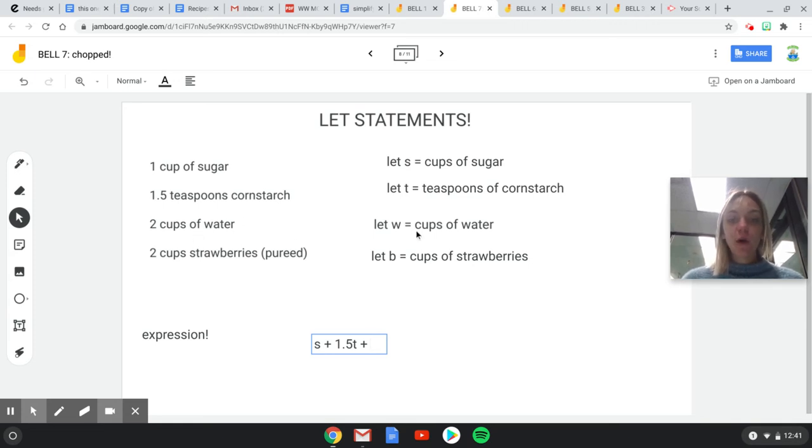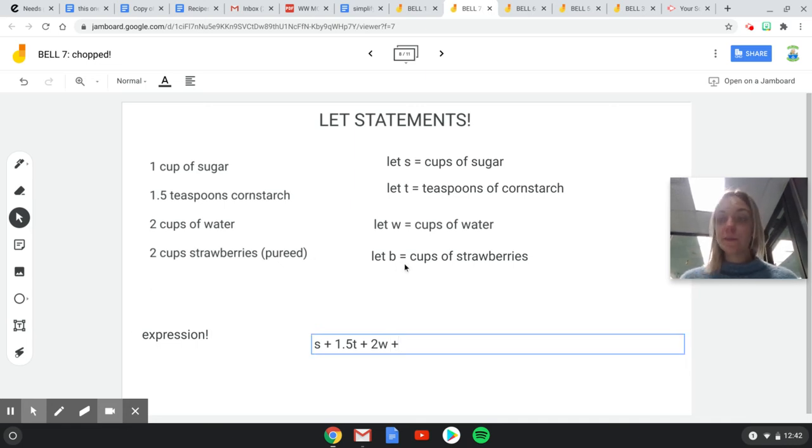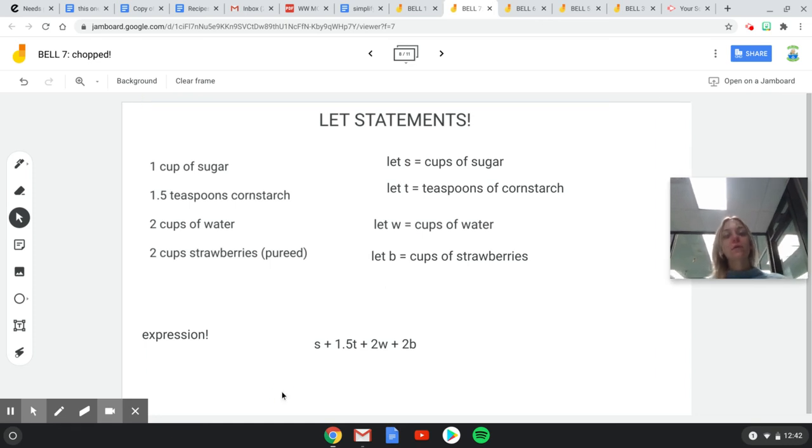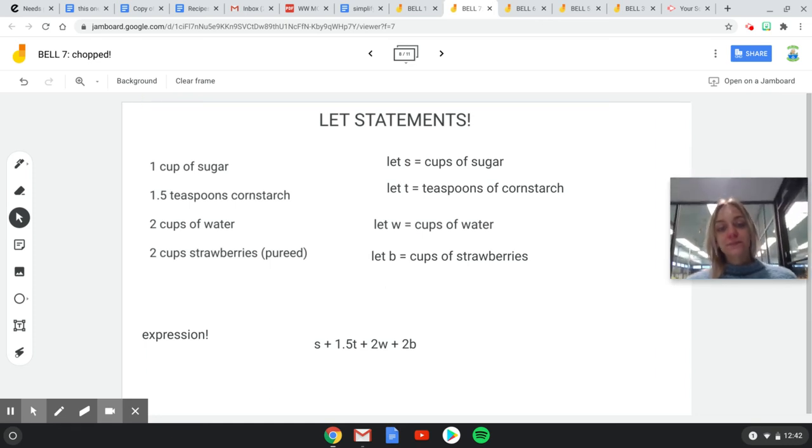We have 2 cups of water. So 2 is our coefficient, and then our variable is W. And then last but not least, we have 2 cups of strawberry, and B is our variable. So our coefficient is 2. The variable is B. And then we've got our expression for this recipe.